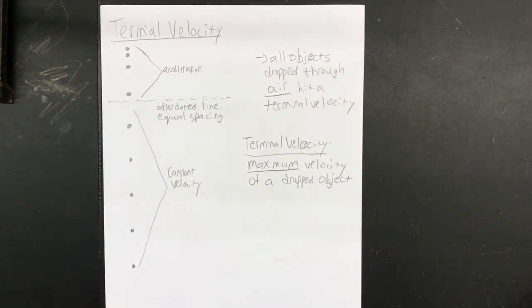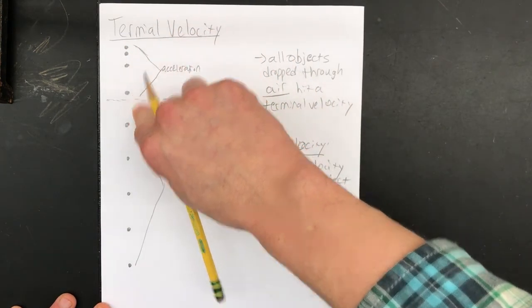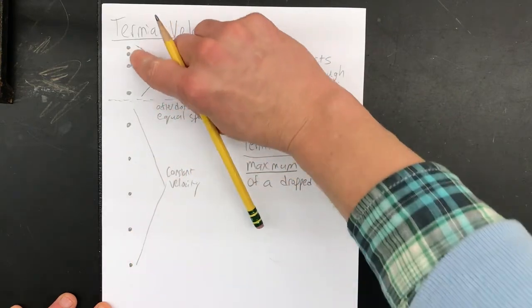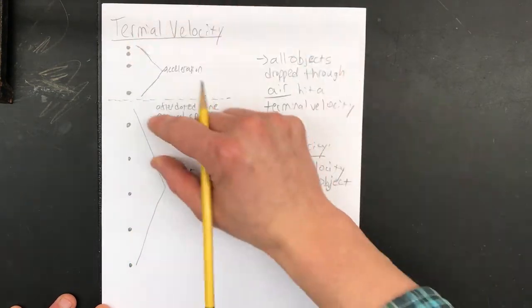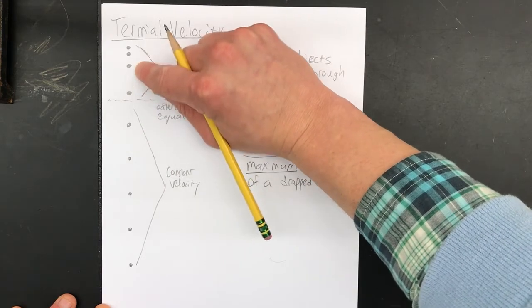Okay, so that is what the strobe photo for any dropped object looks like: increasing spacing and then equal spacing throughout. And don't make the equal spacing equal to like the distance of the first two. Make the equal spacing equal to the distance of the last spacing from acceleration.